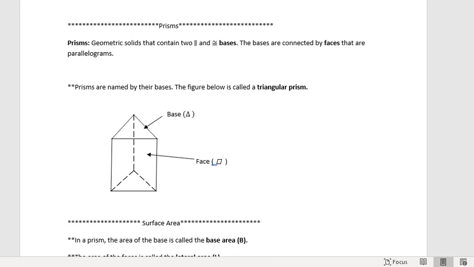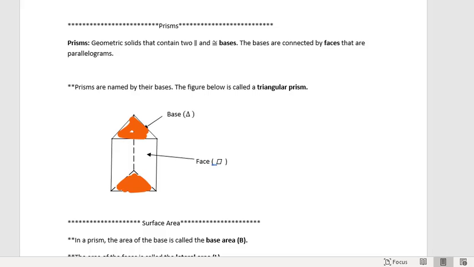All right. A prism is a geometric solid with two parallel and congruent bases. The bases are connected by what we call a face, and those faces are parallelograms. All right. We name them based on their base. So this one, if we look, here is a triangle, here is a triangle, those are the bases.